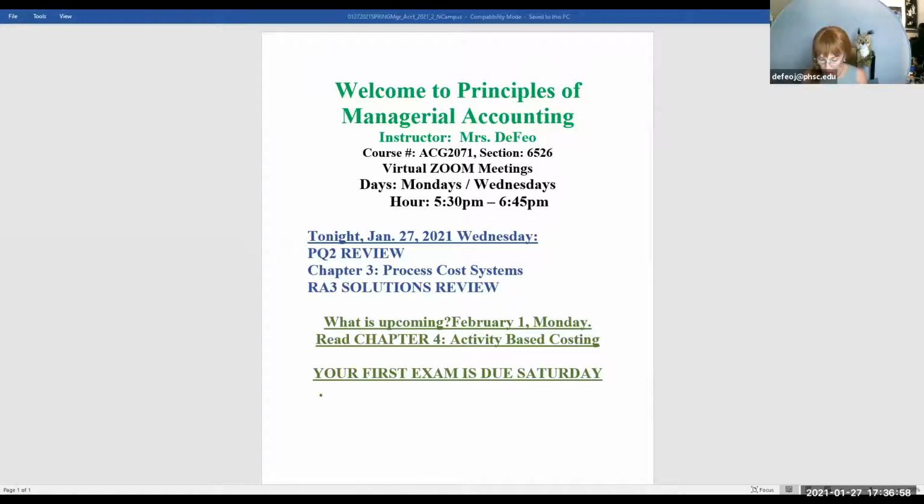Both systems also use a perpetual inventory system. Did all of you take financial accounting? Can you give me a show of hands, or put yes or no in the chat room? Okay. Well, in financial accounting, we have two types of inventory systems.